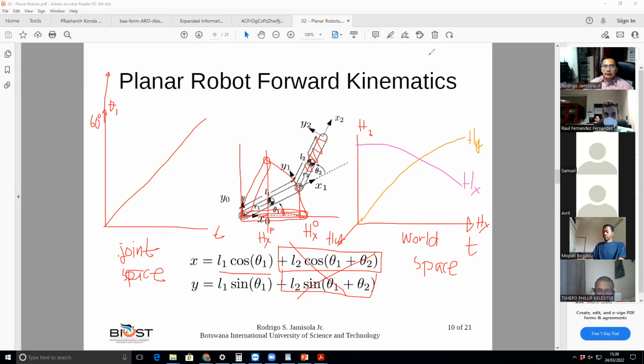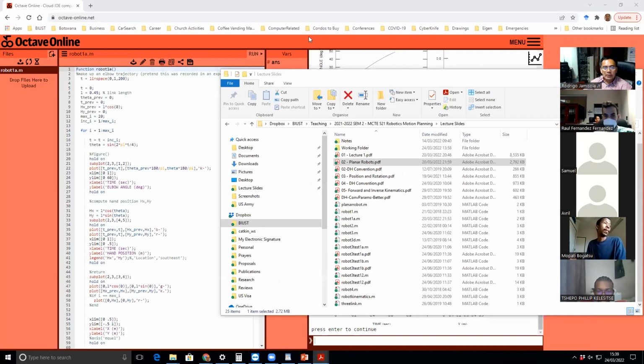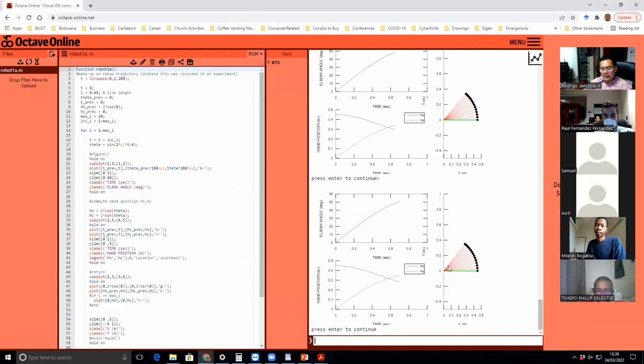So now, if you go back to the examples, in this example, you can see that this is the actual robot as it moves from 0 to 60 degrees angle, and this is the hand position from 0 to some value of hy, and from 0.45 to some value of hx.